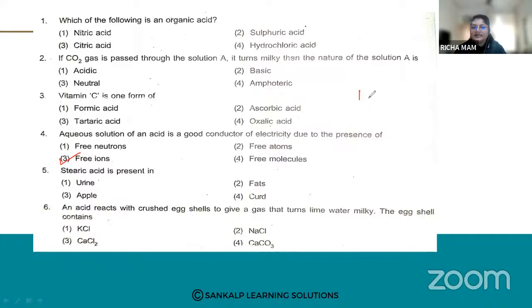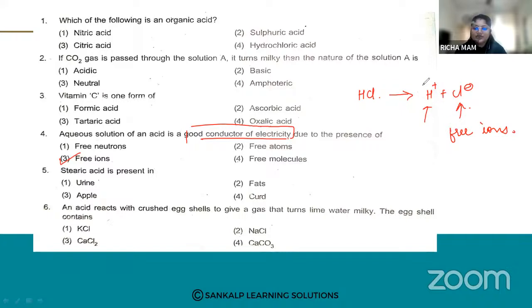Acid means, suppose I take HCl. When you add it in water, it will split into H plus and Cl minus ions. That is why it is a good conductor of electricity, because free ions are available.